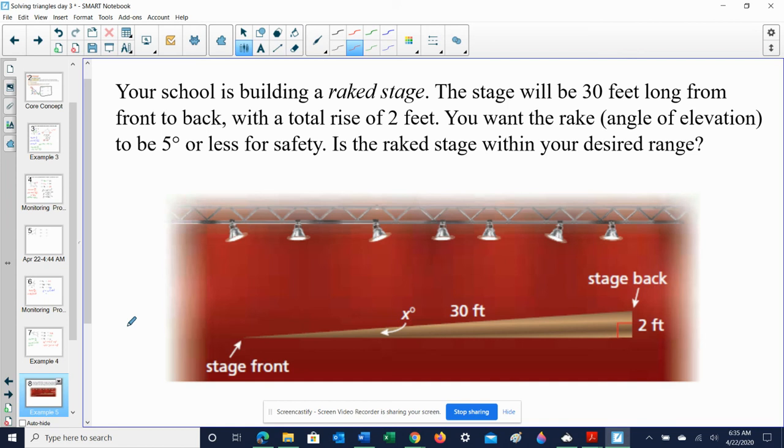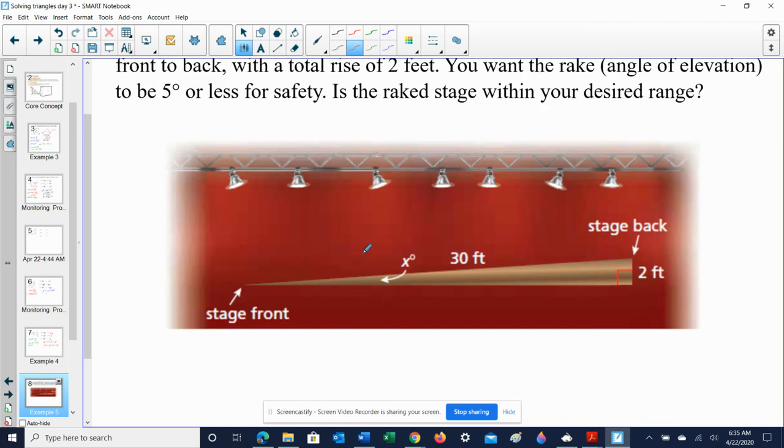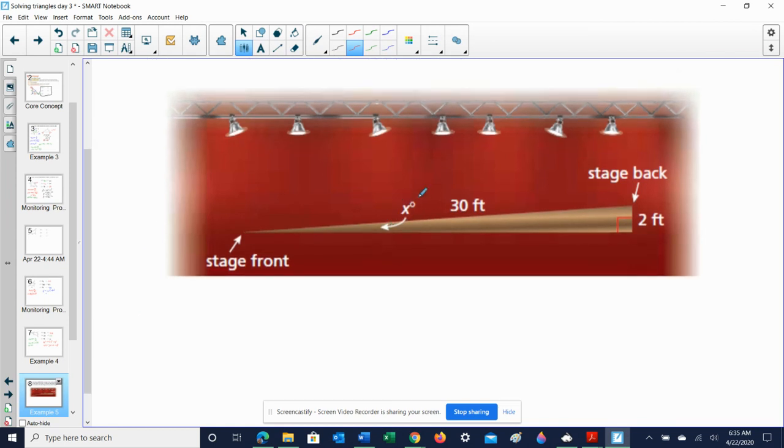Is the raked stage within your desired range? We're solving for this angle, right? What do we know? If we're at this angle, we have opposite and hypotenuse. What uses opposite and hypotenuse?